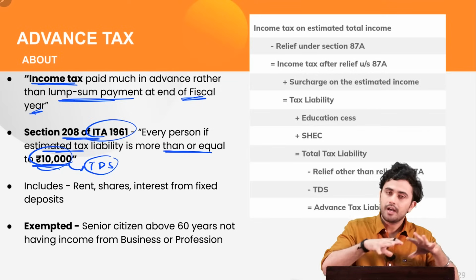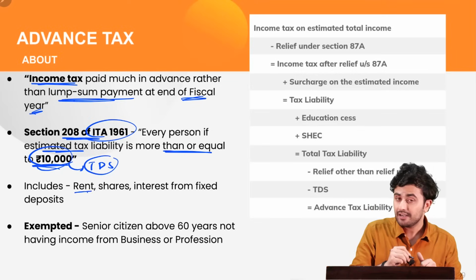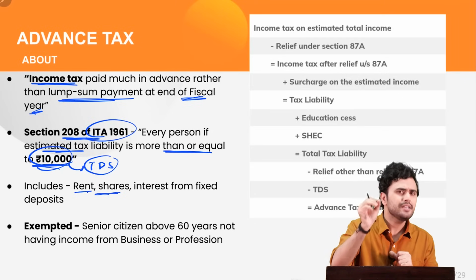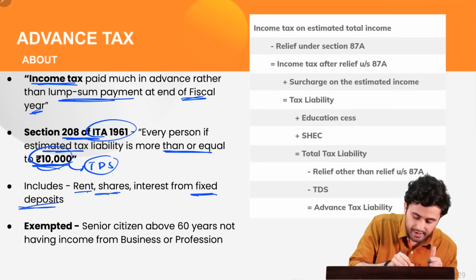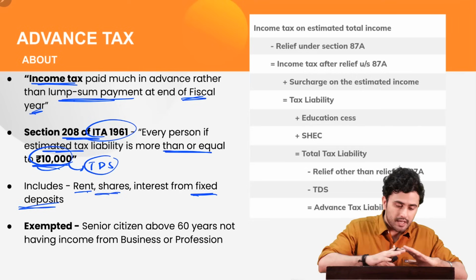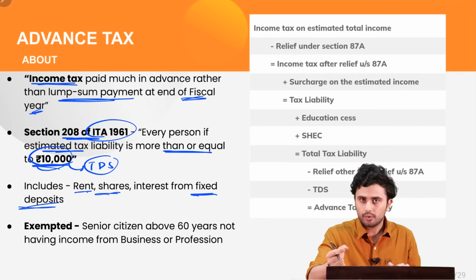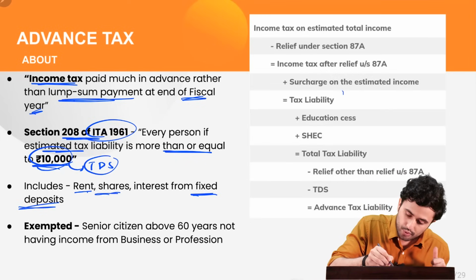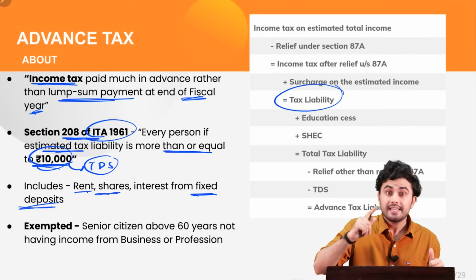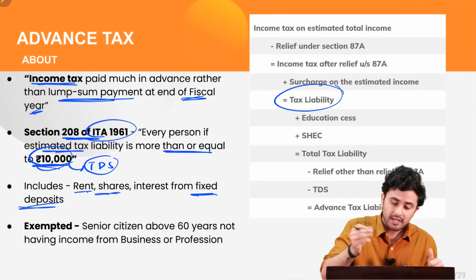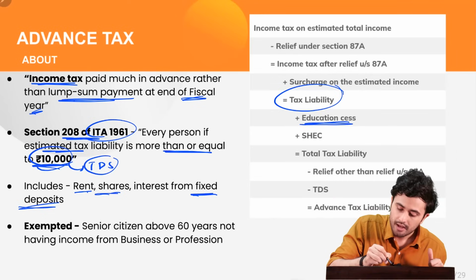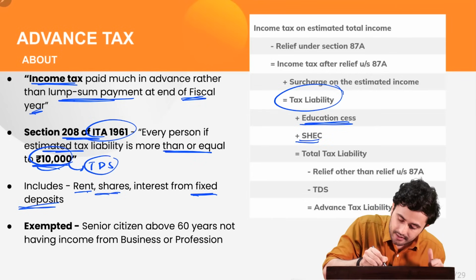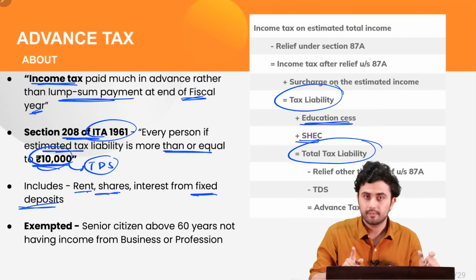Now, such advance tax includes your rent, if you have invested in shares, or if you have earned any kind of interest from fixed deposits. Such advance tax is calculated by a simple formula where we first come to your total tax liability. In that total tax liability, we add your education cess and your senior higher education cess, and that forms your total tax liability.